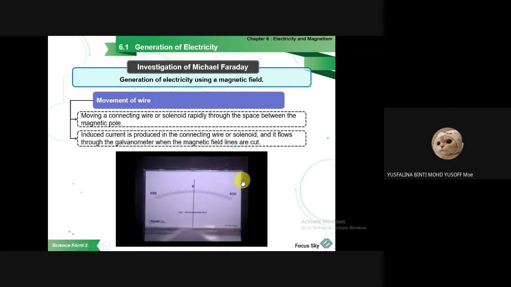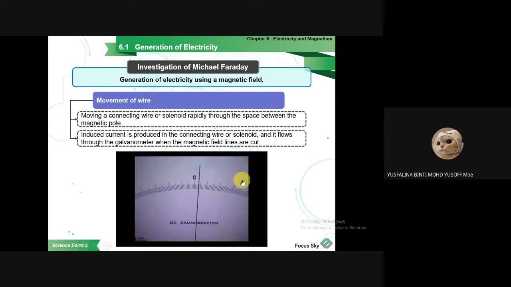You can see the deflection becomes larger. So the induced current is produced in the connecting wire or the solenoid, and it flows through the galvanometer when the magnetic field lines are cut. This is why I said when the magnetic field lines are cut, you produce the induced current.